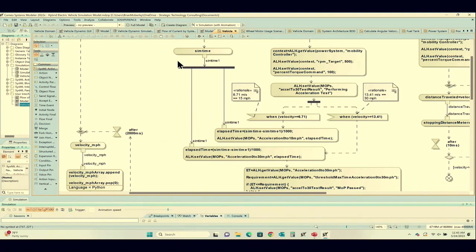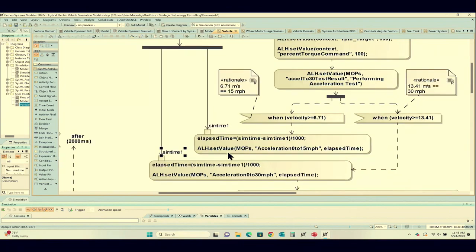So in order to do that, we converted the object flow, the name that it comes into this opaque action, we called it SimTime1, because if we would have left it being called SimTime, it would have used the new SimTime, right? So we actually wanted to use the old SimTime, so we had to convert the name of it to something else. That way, when we get into the equation here, you can see this.